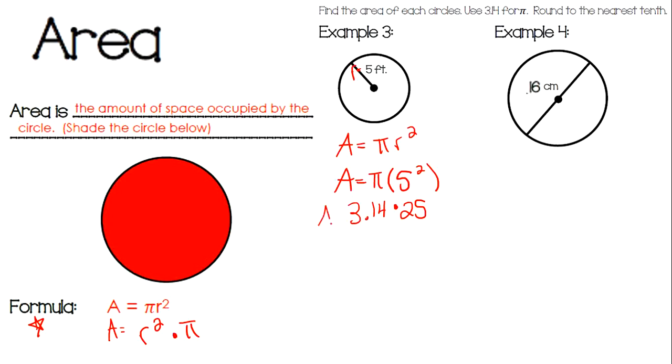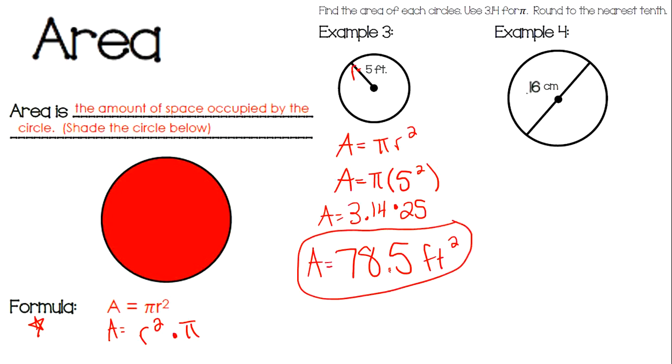So what you're plugging into your calculator is 3.14 times 25. It's just really important that we do exponents before we multiply. So PEMDAS, remember PEMDAS. So 25 times 3.14 in our calculator is 78.5 feet. And area is always in square units, so feet squared. And we didn't have to round special on that one because it only had one decimal place after the decimal point. So that's perfect because that's the nearest tenth.